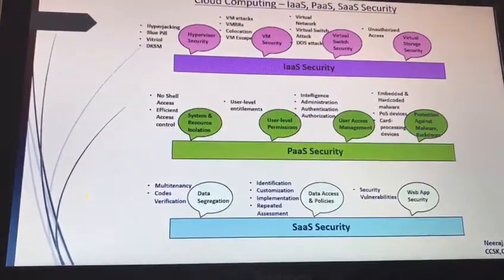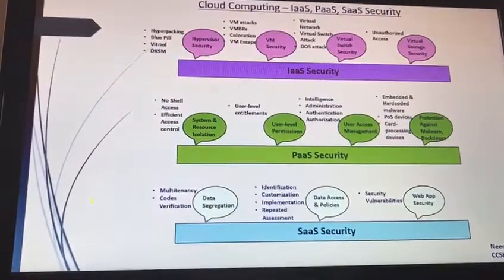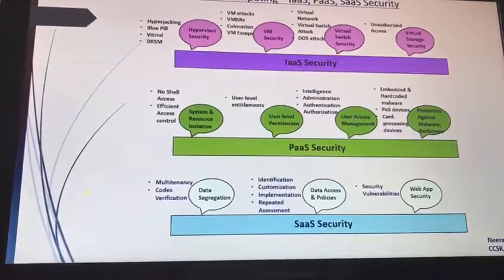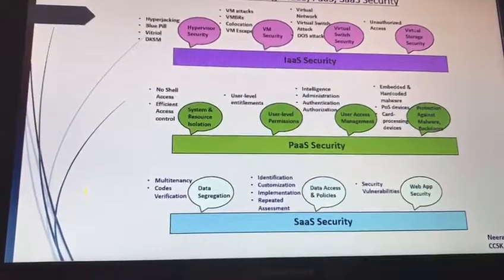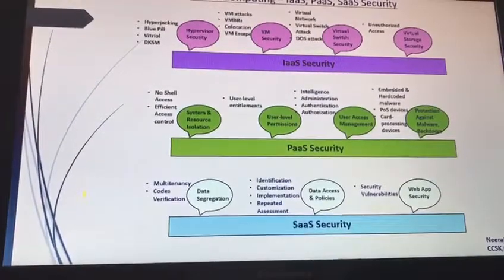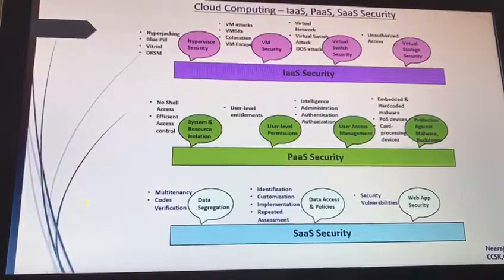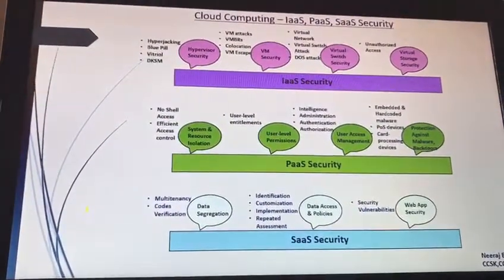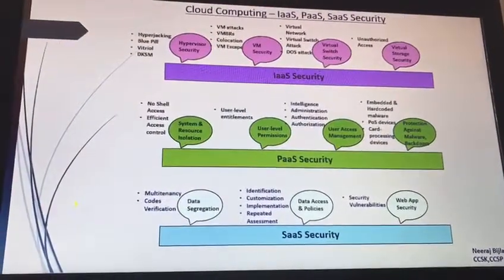All these four major components of underlying infrastructure that CSPs, IaaS providers like Amazon and Azure, are providing to their customers. So we need to make sure that hypervisor, VMs, switch, network, storage, everything is secure from these major attacks.